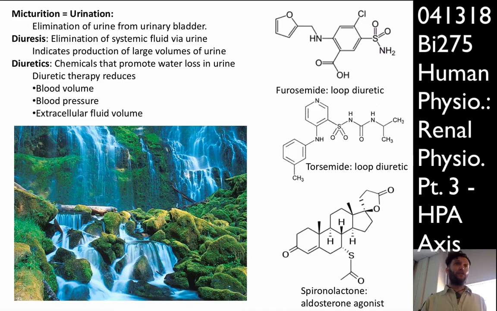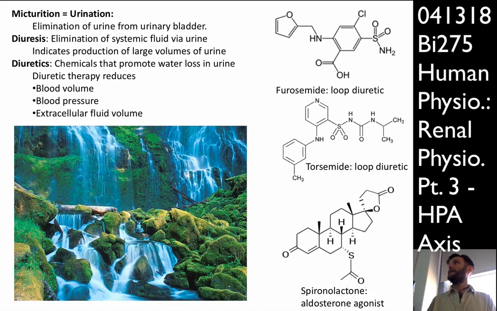Diuresis is a renal process, a process whereby the kidneys are going to pull fluid out of the body and produce urine. It also has the implication that there's going to be a large volume of urine produced. A diuretic is simply a chemical that's going to promote diuresis. And there are a number of different ways you can achieve this.